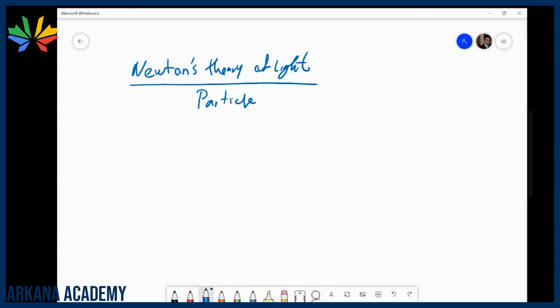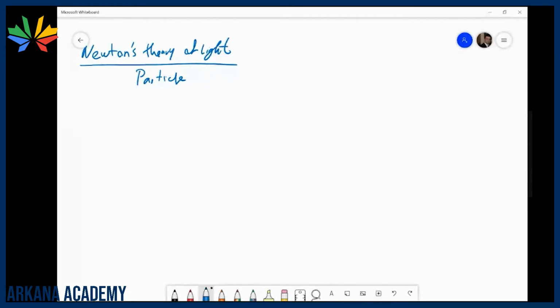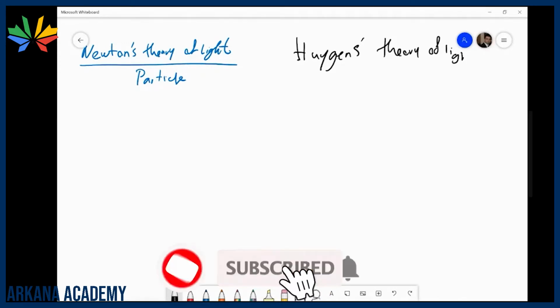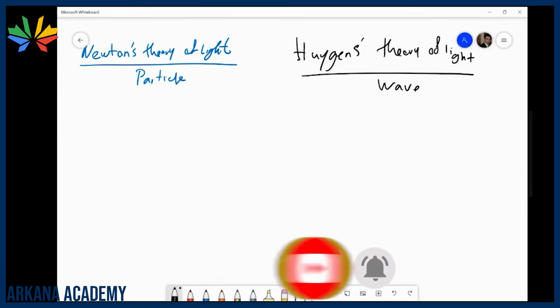And besides this theory, we have another scientist who worked on the same subject and believed that light travels in a waveform, which is Huygens' theory of light. That is based on saying that light travels as a wave.